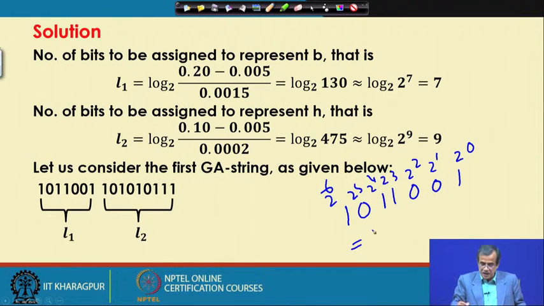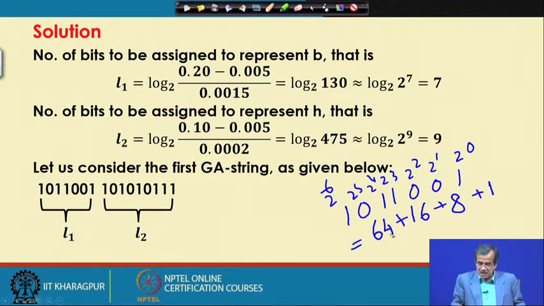So, the decoded value will be 2 raised to the power 6 multiplied by 1, that is 64, plus 1 multiplied by 2 raised to the power 4, that is 16, plus 1 multiplied by 2 raised to the power 3, that is 8, and 1 multiplied by 2 raised to the power 0, that is 1.